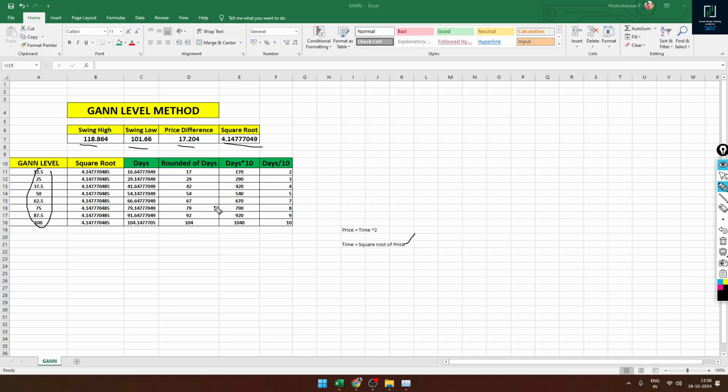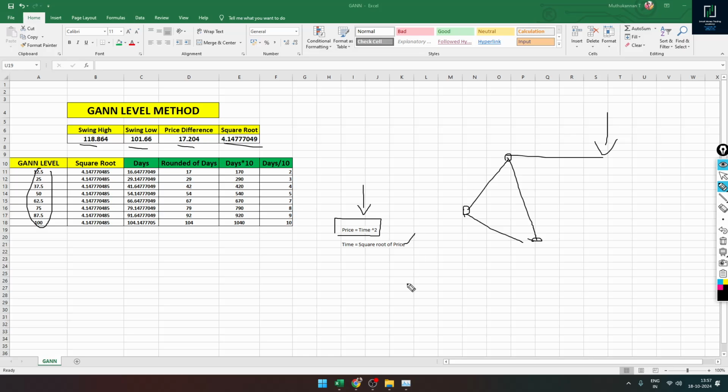Based on that we are predicting the dates. Now if you watched my earlier video, which I shared with you a couple of hours before, the trend line based one, that is based on the price equal to time square formula. I have given this, right? There's a distance between two lows, and you put it like this, you will get the level. This is what I gave in the previous video.